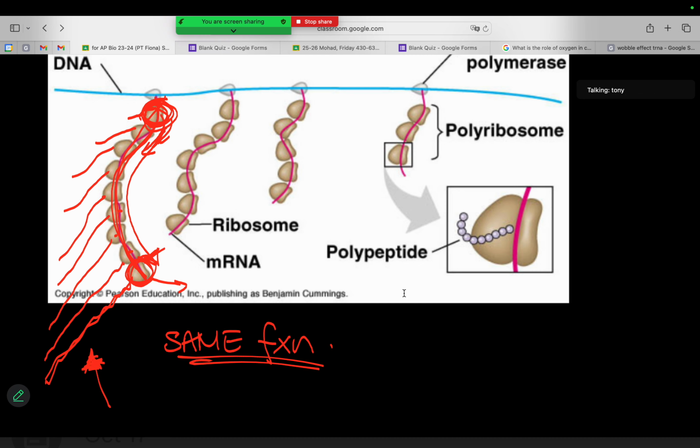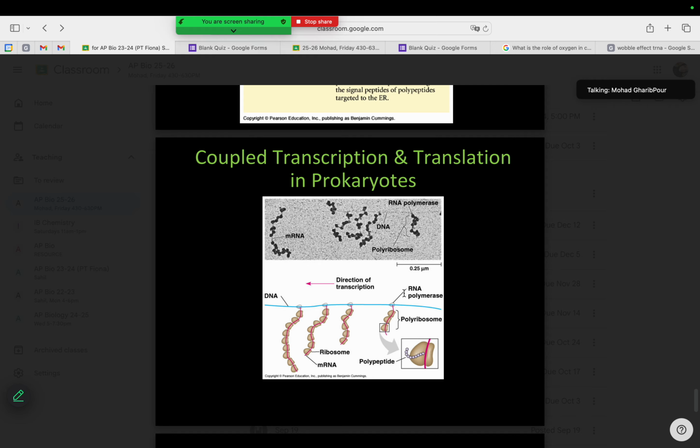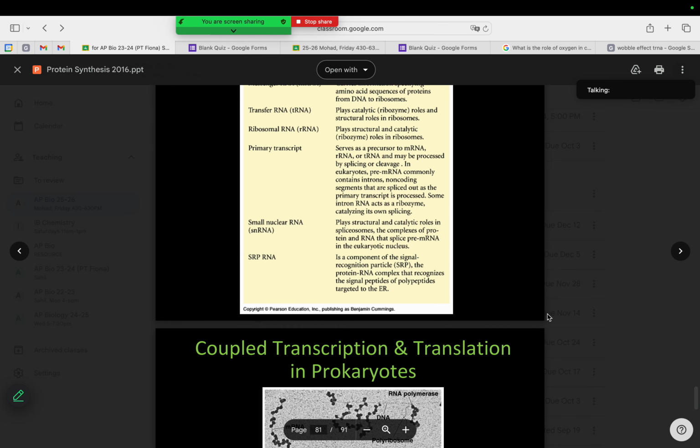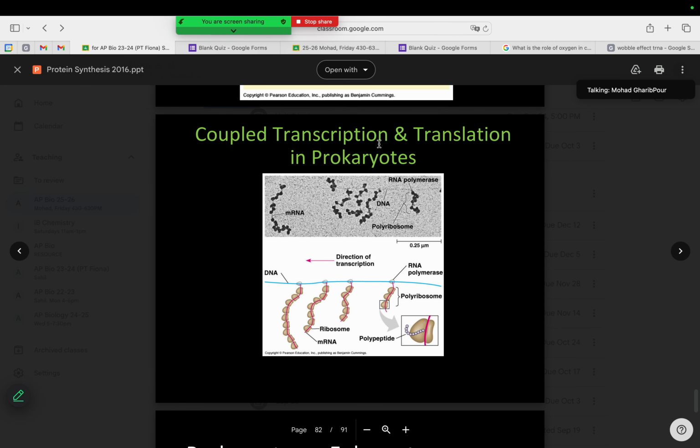What about the eukaryotic situation? Like you said, this is prokaryotic, right? This is mostly prokaryotic. Okay, I got it. But the main thing with prokaryotes is that transcription and translation happen at the same time. What you need to take away from this is that transcription and translation in prokaryotes happen at the same time.